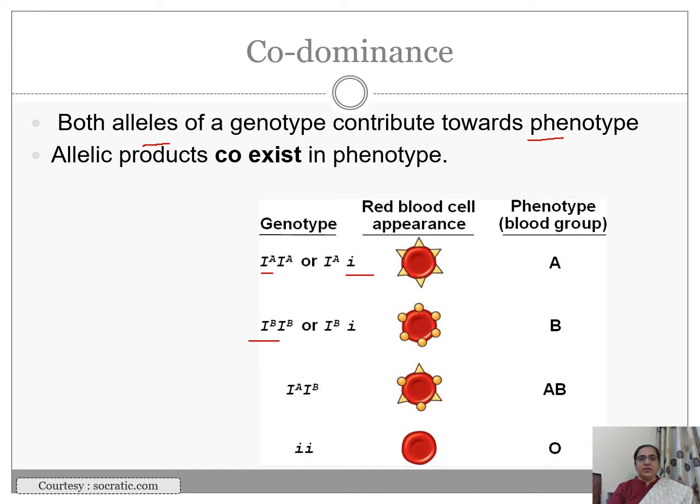These three alleles are responsible for determining the blood group. And here in the blood group of AB, both the alleles A and B are showing their expression and no intermediate is observed. This is codominance.